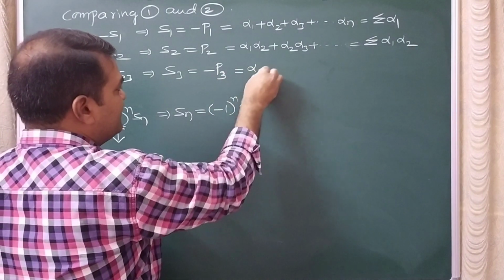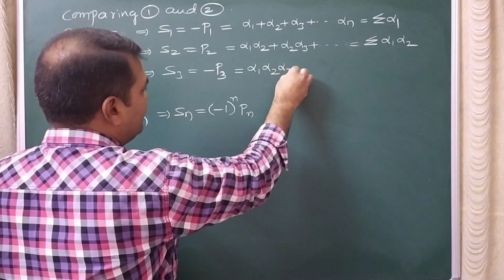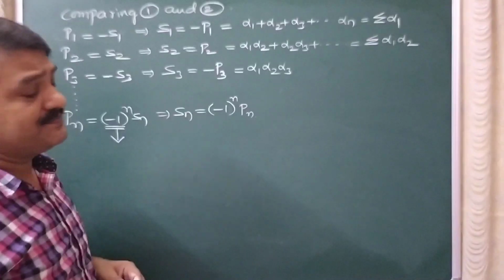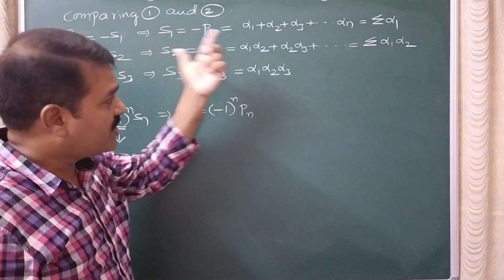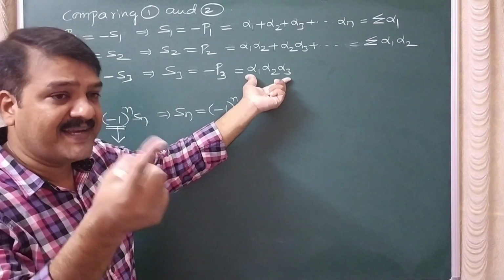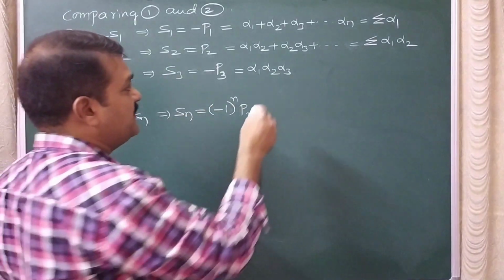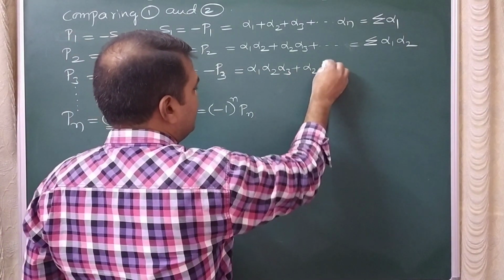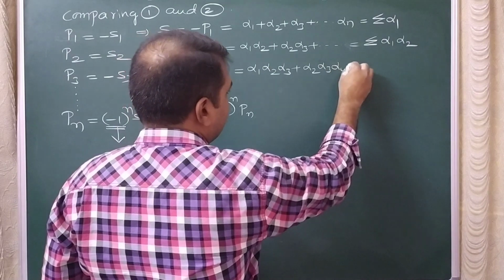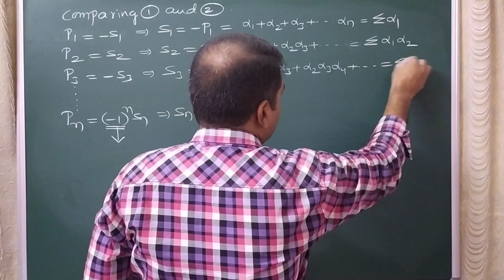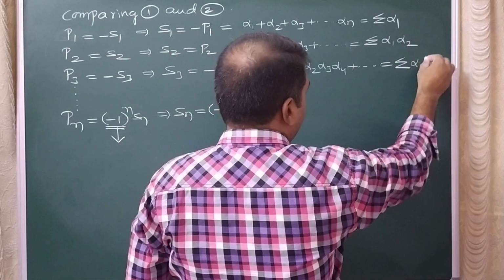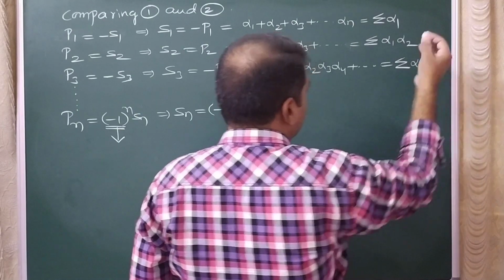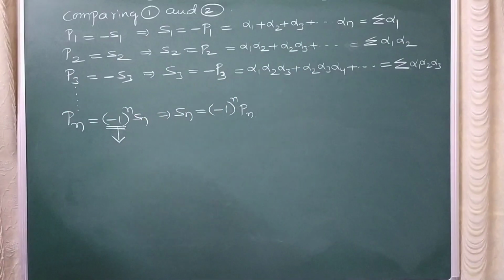S3 is the sum of the products of the roots taken 3 at a time. That is the meaning of S3. I can write different combinations like this. So in short form, sigma alpha 1 alpha 2 alpha 3 you can write for S3.